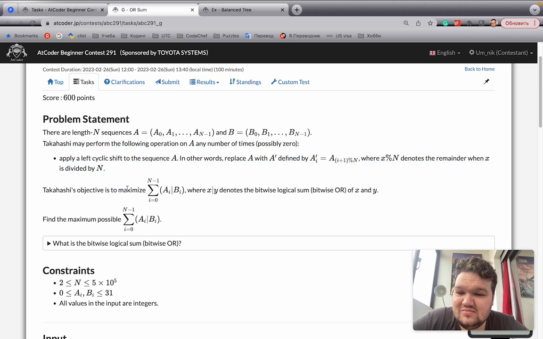The objective is to maximize the sum of coordinate-wise OR. So we shift A, choose some cyclic shift, and want to maximize the sum of OR.